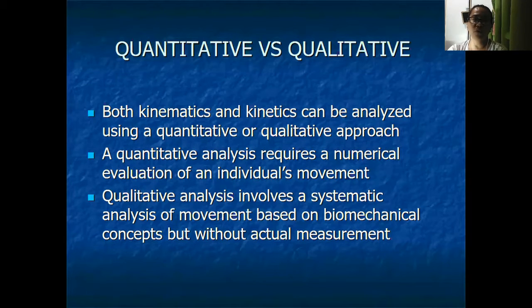When you go for quantitative, you're going further with numerical values, like how many degrees, what is the angle of a certain movement, how many seconds are applied for the preliminary phase, the action, and the follow-through, the three phases of movement. Qualitative analysis involves only the systematic analysis of movement: which particular bones and which particular muscles are being used whenever you are lifting or hitting the bat.